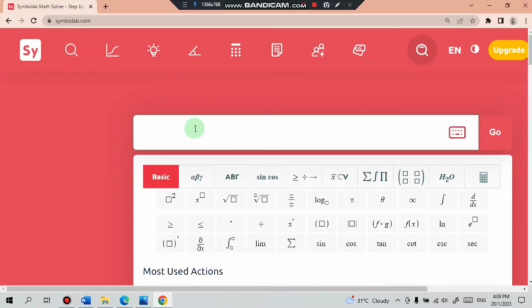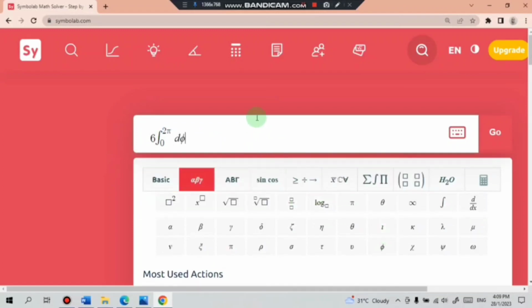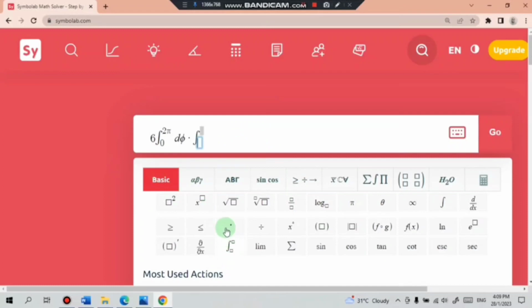So for the online calculation, it is 6 times the integral with limit of phi from 0 to 2 pi d phi, times the integral with limit of theta from 0 to pi of sine theta d theta, and then the integral with limit of r from 0 to 2 of r square dr.